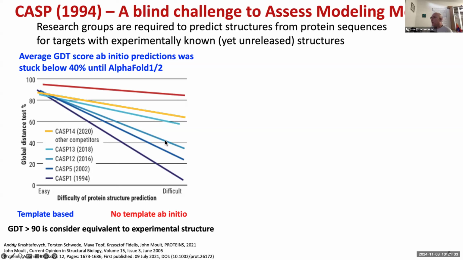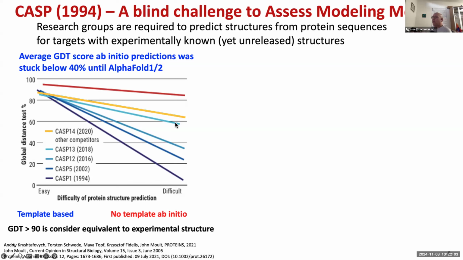Those are the really interesting targets, and hundreds of groups submit results to CASP, and then they are evaluated to see which are the best ones. A GDT of about 90 means that the model is almost as good as the experimental structure, because the experimental structure also has errors.